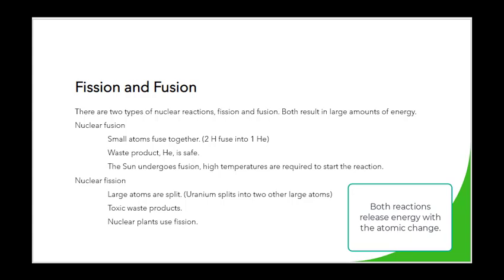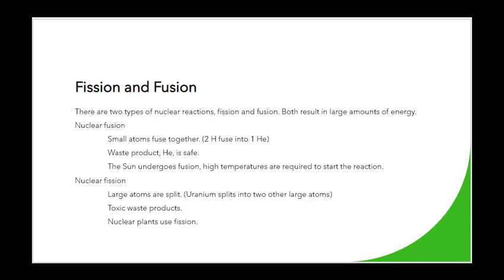There are toxic waste products. The plants that we use, this is real nuclear reactions and it makes real nuclear energy. So we are going to be using fission, and it is somewhat more controllable. And like I said, the new Generation 4, they figured out some safety measures that make it very practical.